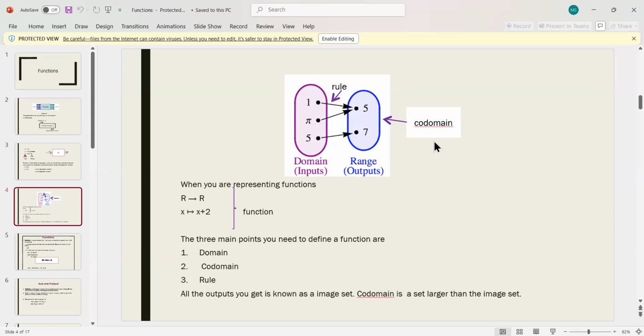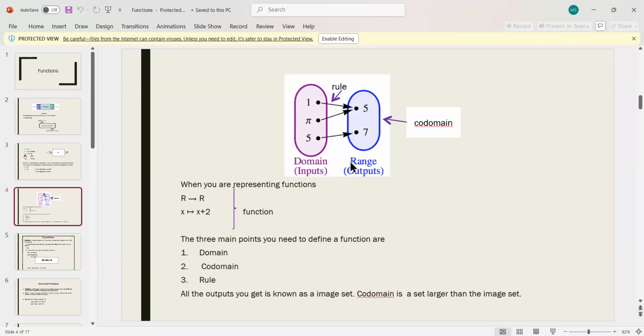Now I think to understand the range and the codomain is a little difficult. So from an input domain, according to the rule, you will get some values, right? That is known as the image set or the range or the output.